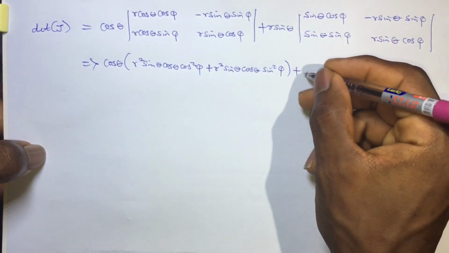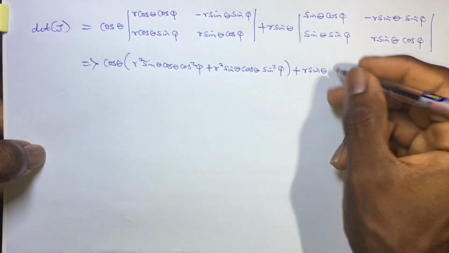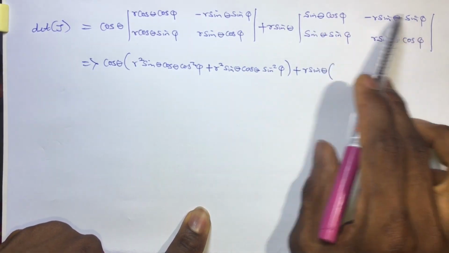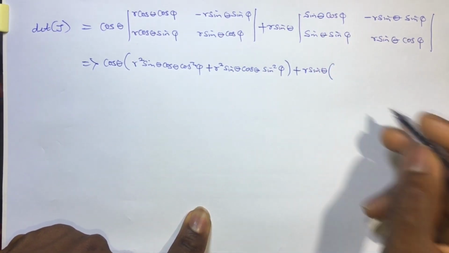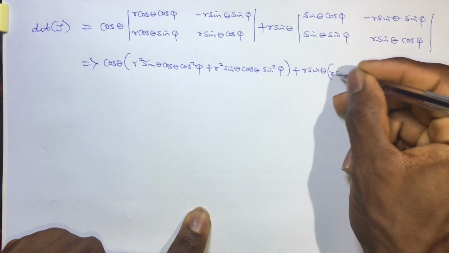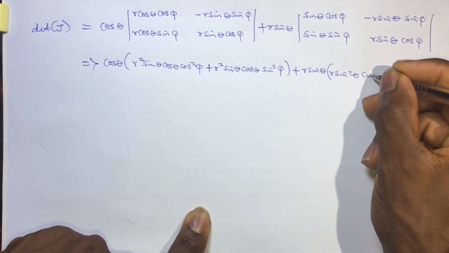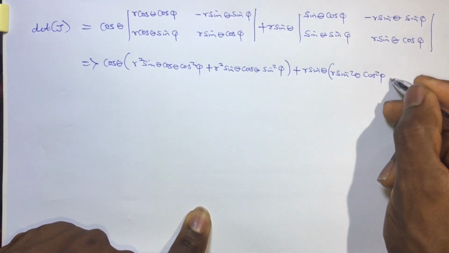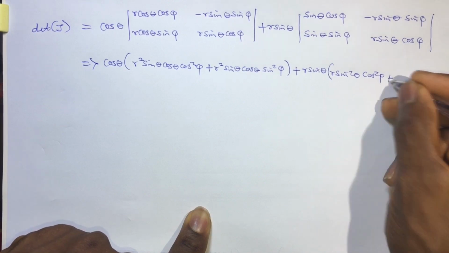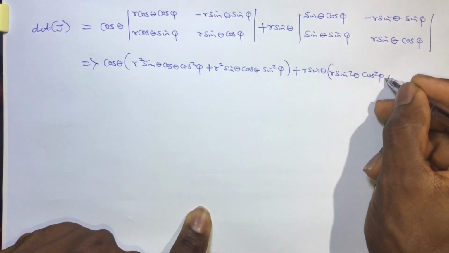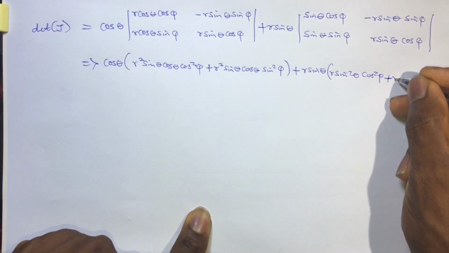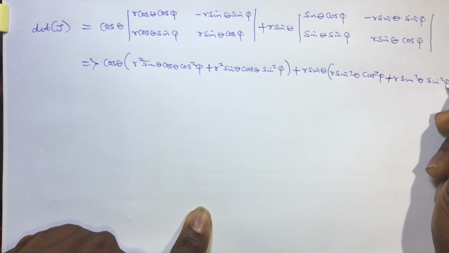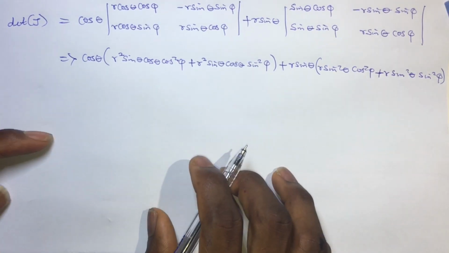Now move on to r sin theta. Now when we look for the determinant of this matrix, we have r sin squared theta cos squared phi minus, but because of this negative here, we have positive. Now plus r sin squared theta sin squared phi. So let's continue.